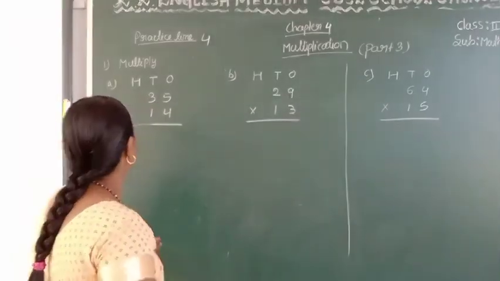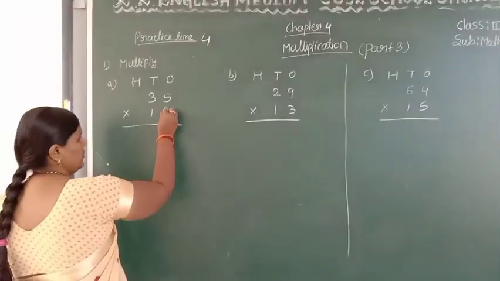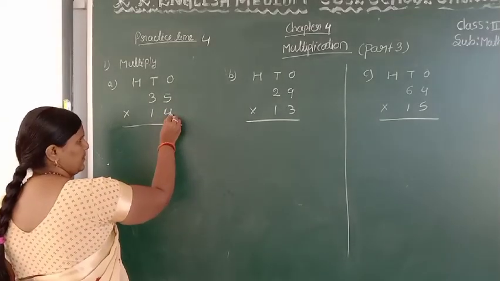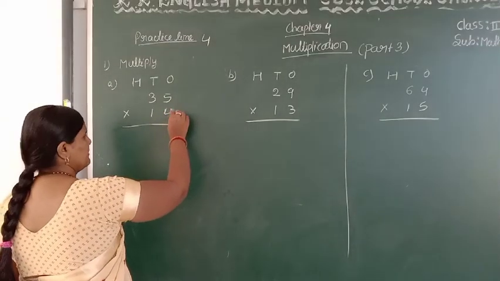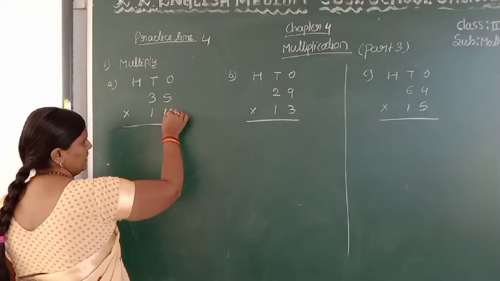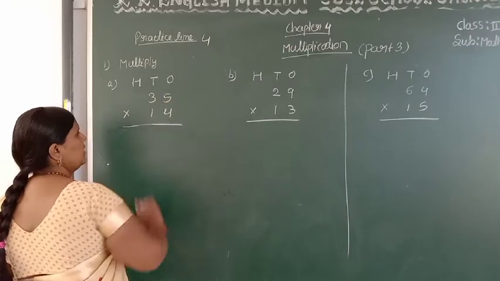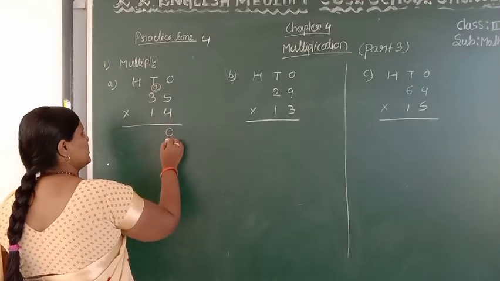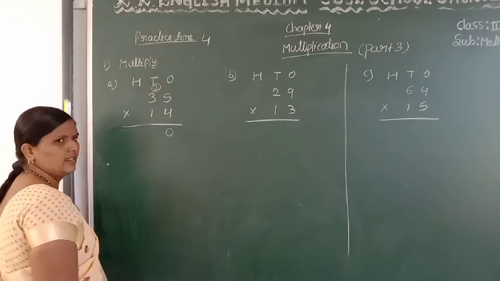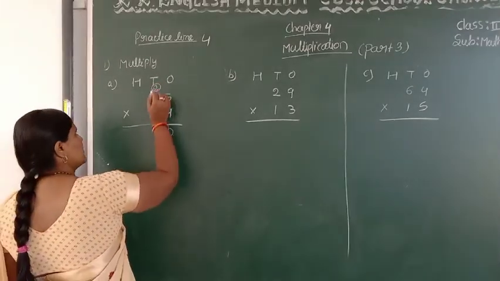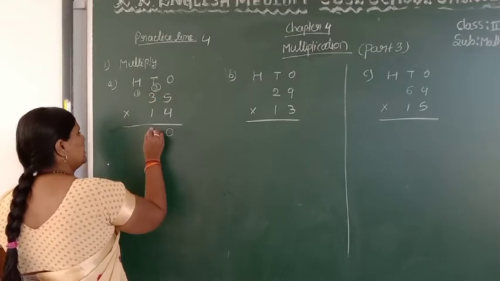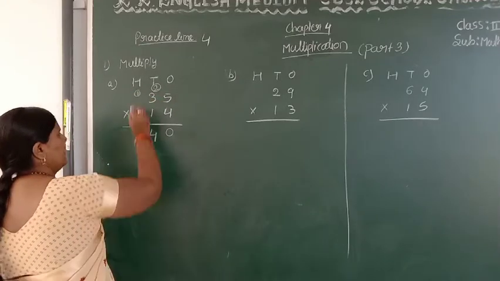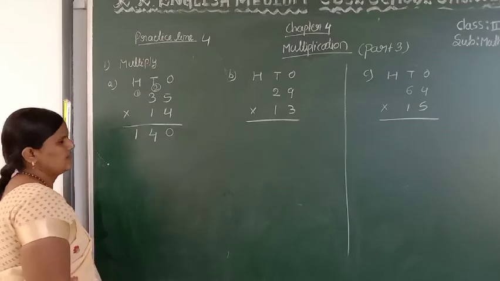Just here, first you have to take this number, okay? Your right hand side first number, that you have to take first. 4 5s are how much? 20, means 2 right here and 0 right here. 4 3s are 12, 12 plus 2 is 14. Write 1 here and write 4, and that 1 you have to write here as it is, okay?